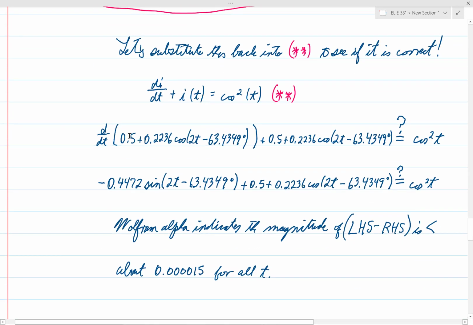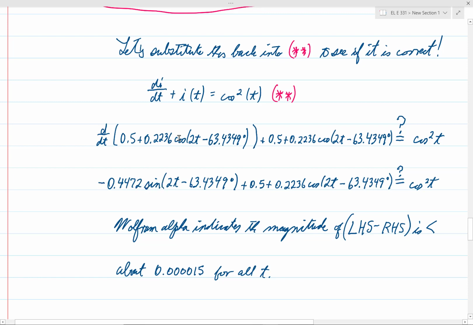Well, when we take the derivative here, of course, the derivative of a constant goes away, and the derivative of 0.2236 cosine of 2t minus 63.4349 degrees: the derivative of cosine is minus sine, and then the 2 comes out. So we have a minus 2 times 0.2236. That's how we get minus 0.4472.